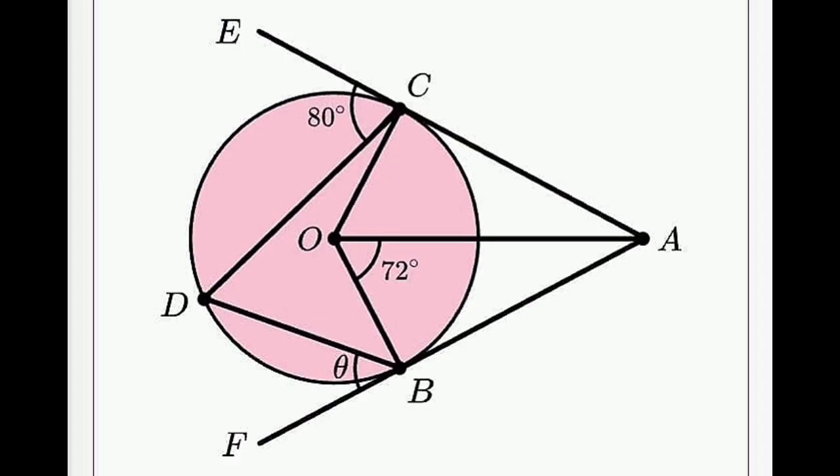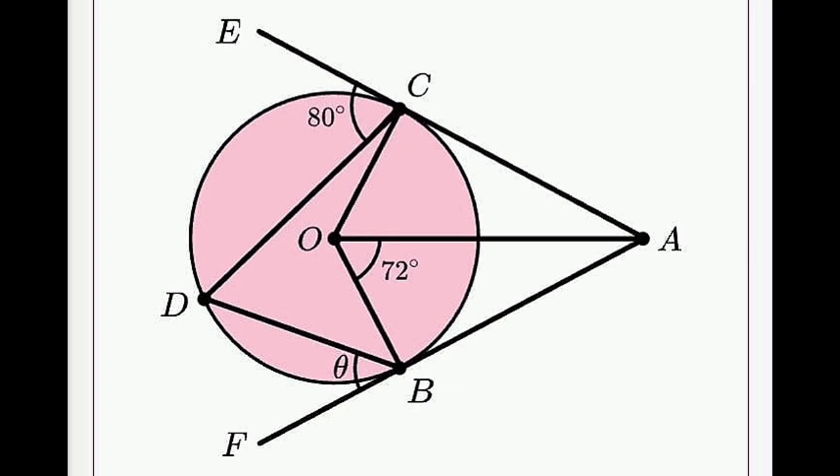Since it's isosceles, this line OA is dividing that triangle into two equal parts. So if it's dividing into two equal parts, then 72 should also be on the other side. So I said 72 plus 72 to give me 144. So I have 144 at the center.